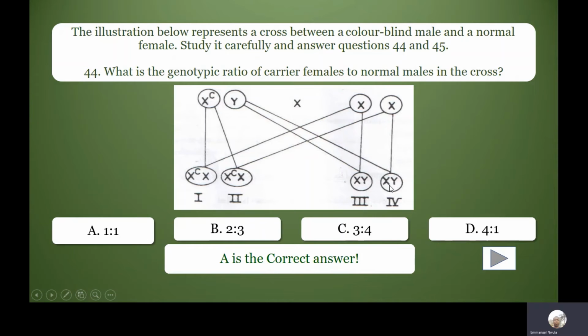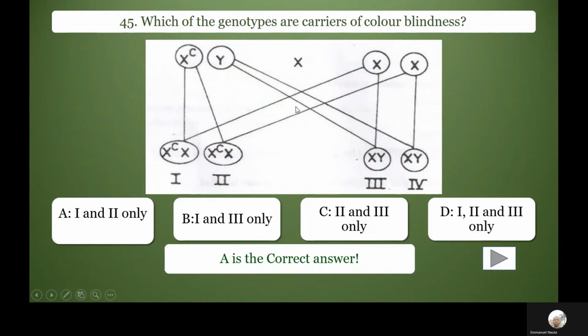None of them is carrying the allele for the disease. So 2 carriers, 2 normal. That's 1:1. That's the genotypic ratio. Which of the genotypes are carriers of color blindness? Of course, these two, I and II. So A is the correct option here.